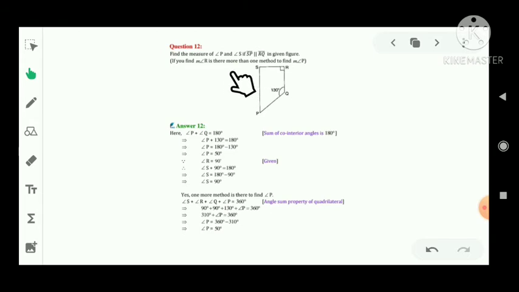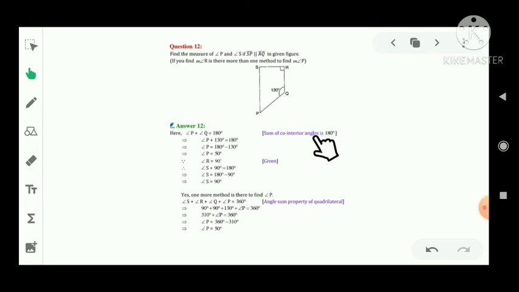In this question we have to find out the value of angle P and angle S. If SP, this one, and RQ is parallel to each other, you can see SP and RQ, they are parallel to each other.